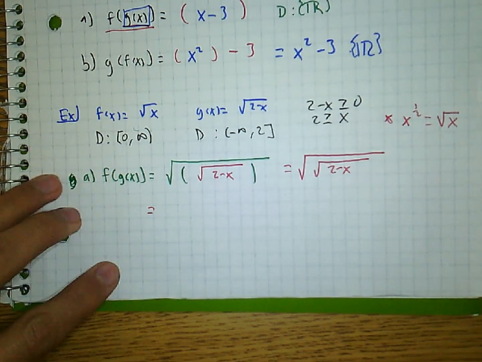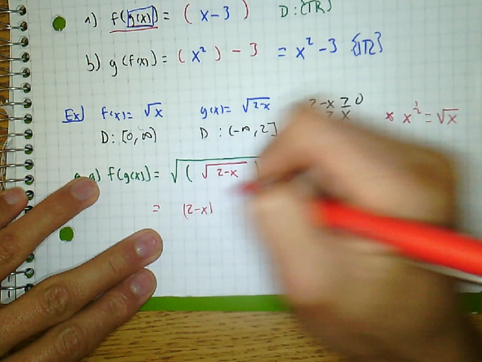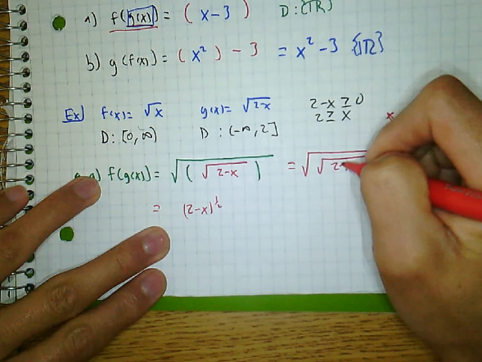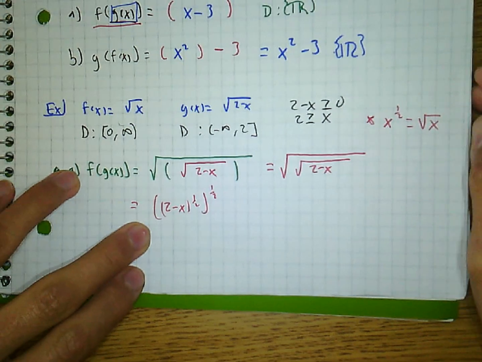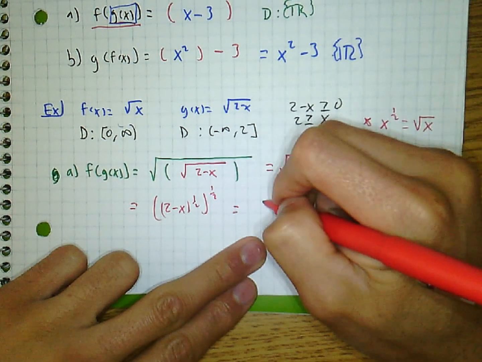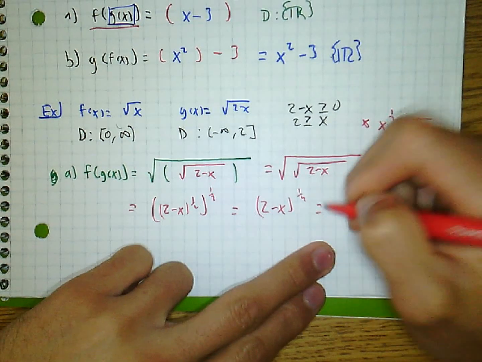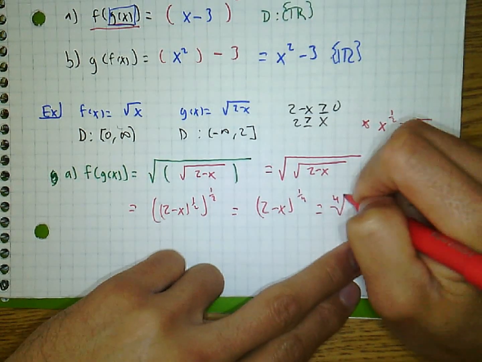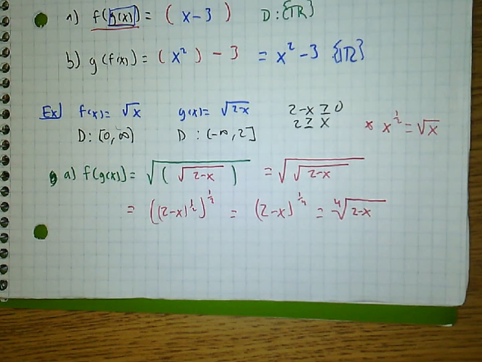Technically what this says, guys, is that I have 2 minus x to the 1/2 power, to the 1/2 power. If you remember, when you have a power to a power, you multiply those out. So this is equal to 2 minus x to the 1/4 power, which I'm going to take back into root form, which would be the 4th root of 2 minus x.